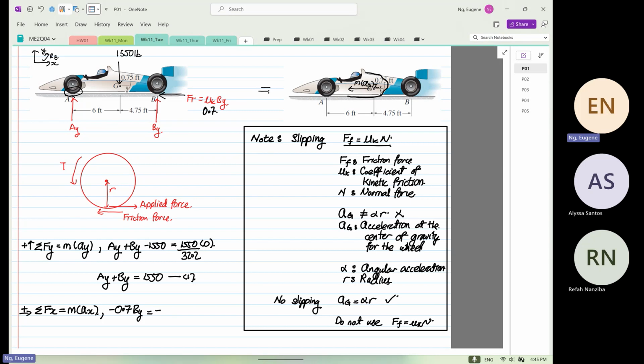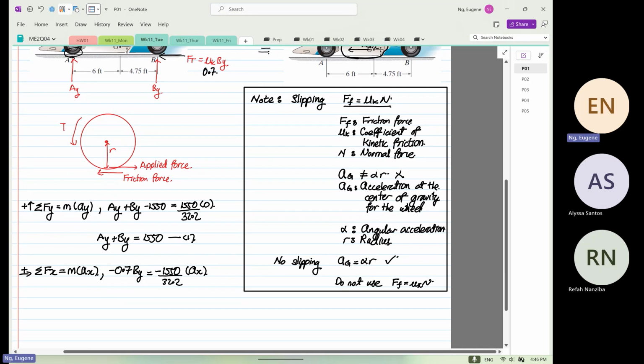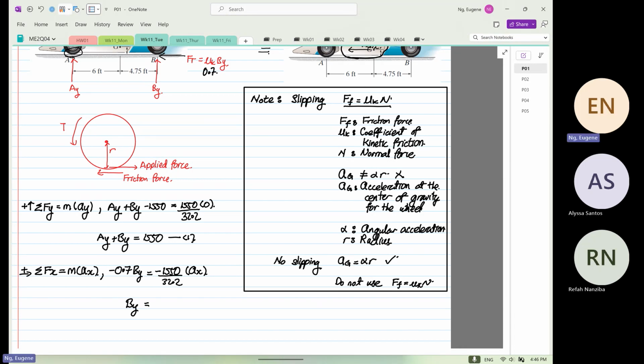Because the acceleration is going towards the left. 1550 divided by 32.2. Then we have an acceleration known as a_x. So from here, we know that B_y will be equal to 1550 divided by 32.2 divided by 0.7, which is 68.767 a_x.